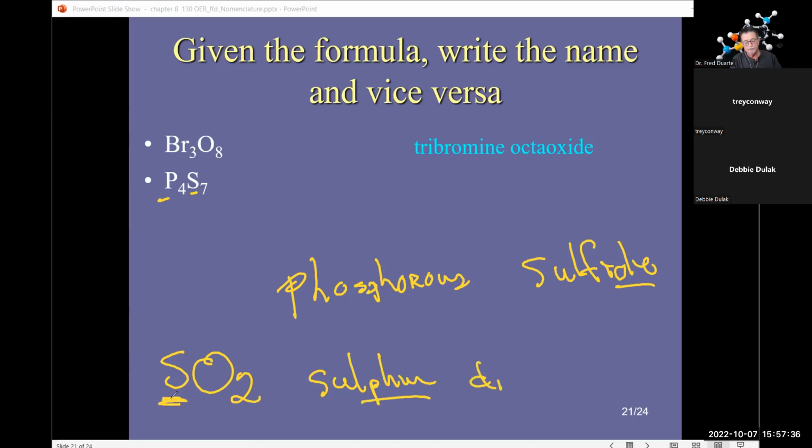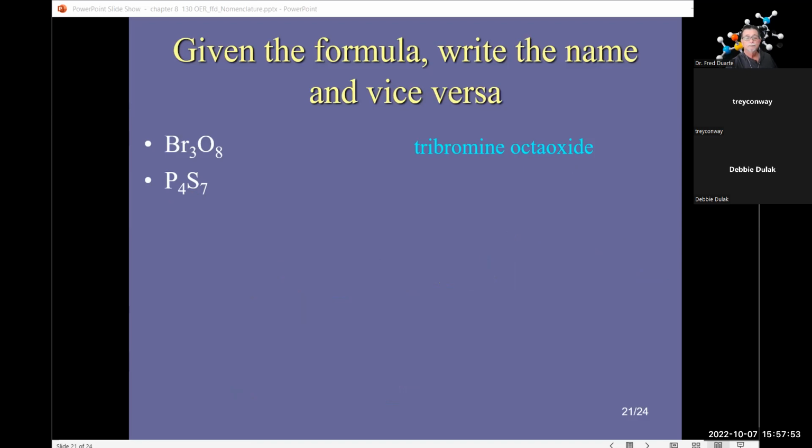Sulfur because it's the first. Sulfide because it comes after. So then we add the prefixes: tetraphosphorus, and 7 would be hepta sulfide. Okay. Tetraphosphorus heptasulfide. Then here's this one, sulfur, it's first, and then 3 oxides, so trioxide, sulfur trioxide.